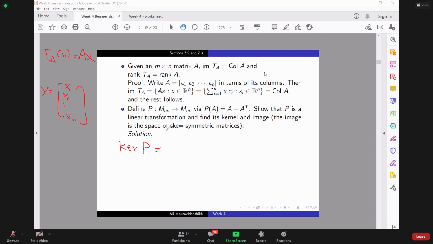Exactly. This is the symmetric matrices. And the image of P is the skew symmetric matrices.